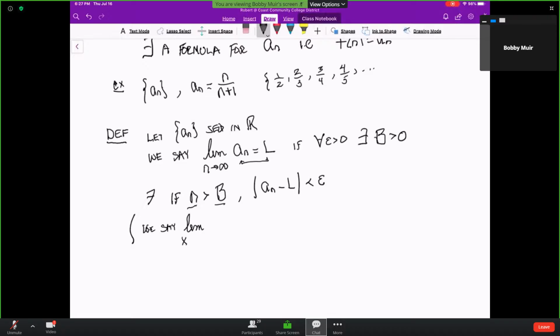Now this was the same as the definition for the limit as x goes to infinity of f of x equals L if for any epsilon bigger than 0, there exists a big number B bigger than 0, such that if x is bigger than this big number B, that implies that f of x minus L is less than epsilon.